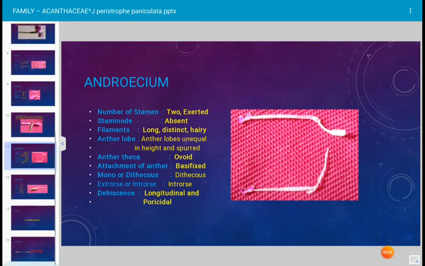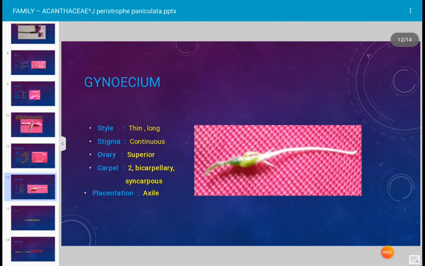Okay, next. This is the female part of the flower of Peristrophe paniculata, family Acanthaceae. The style is very thin and long. The stigma is in continuation and the ovary is superior. In the ovary only 2 carpels are present, hence the ovary is described as a bicarpellary ovary.